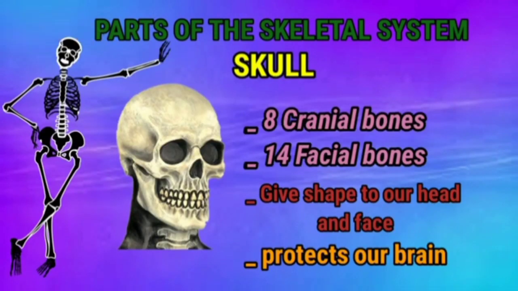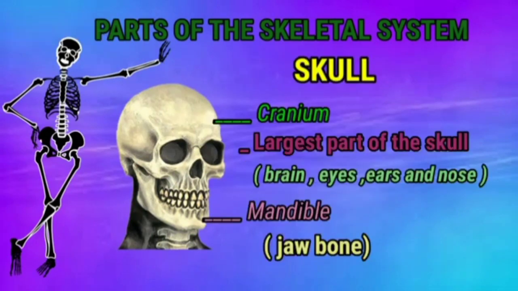The skull is made up of 8 cranial bones and 14 facial bones. The skull can be divided into two main parts. One is the cranium and the other one is the mandible. The cranium is the largest part of the skull. And the mandible is the lower jaw, also known as the jawbone.